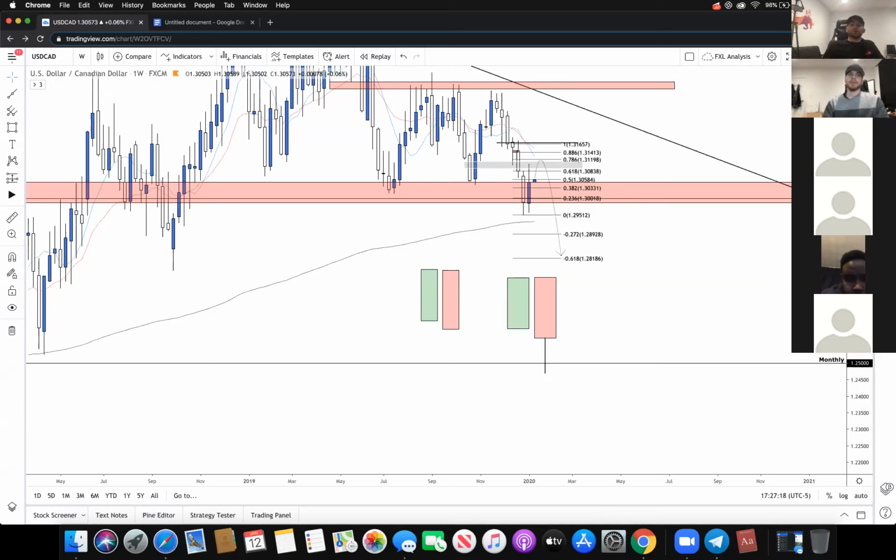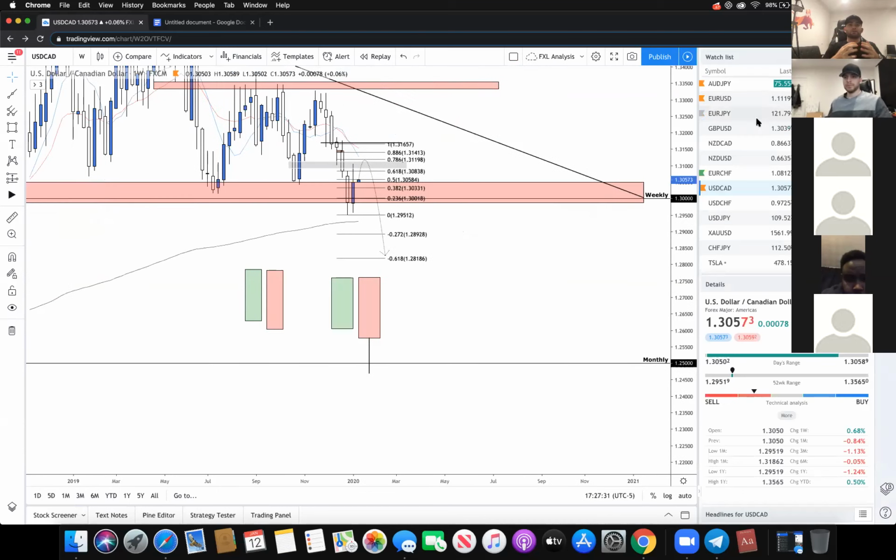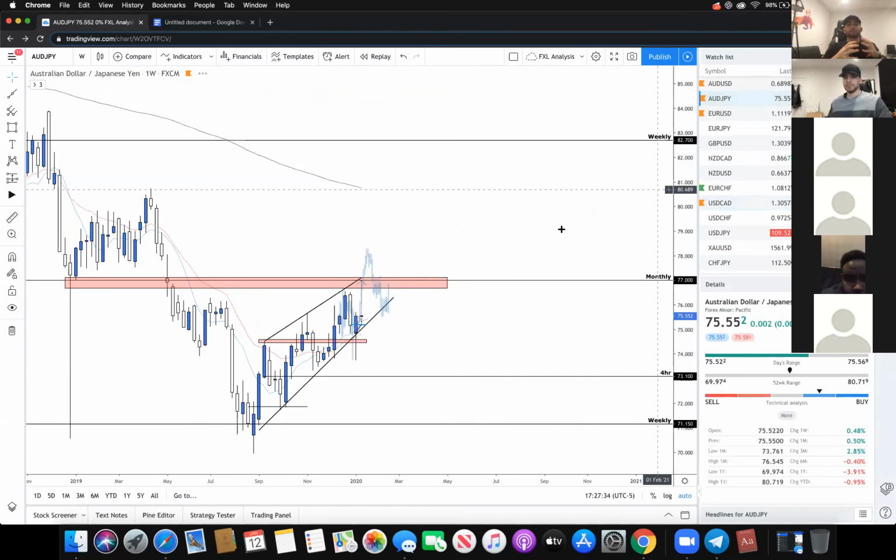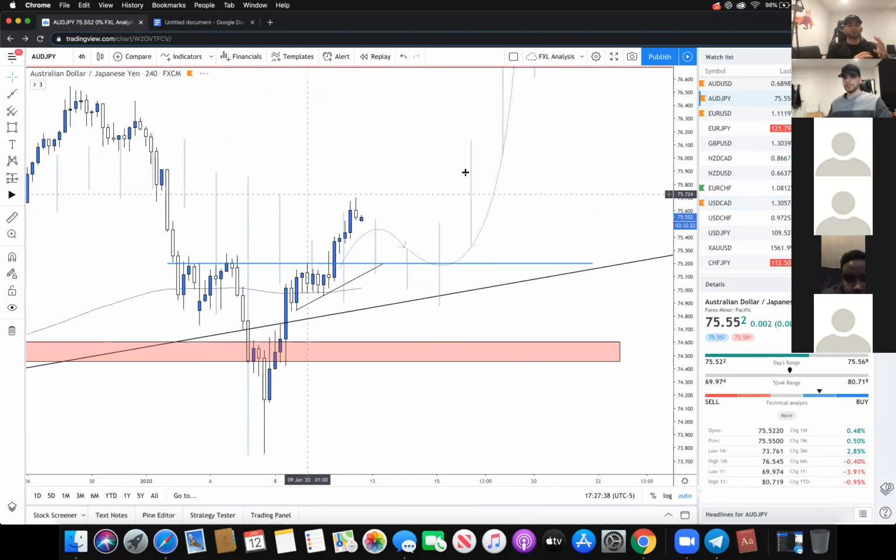A good point, though, is that as I'm going to go over my analysis, we're going to start in like 1 minute. As we do this top-down analysis, we go from the monthly, the weekly, the daily. A lot of the times we'll be on the daily time frame, we'll know where we're at, but at the same time, structure isn't as clear as if we were to bump down to the 4-hour.